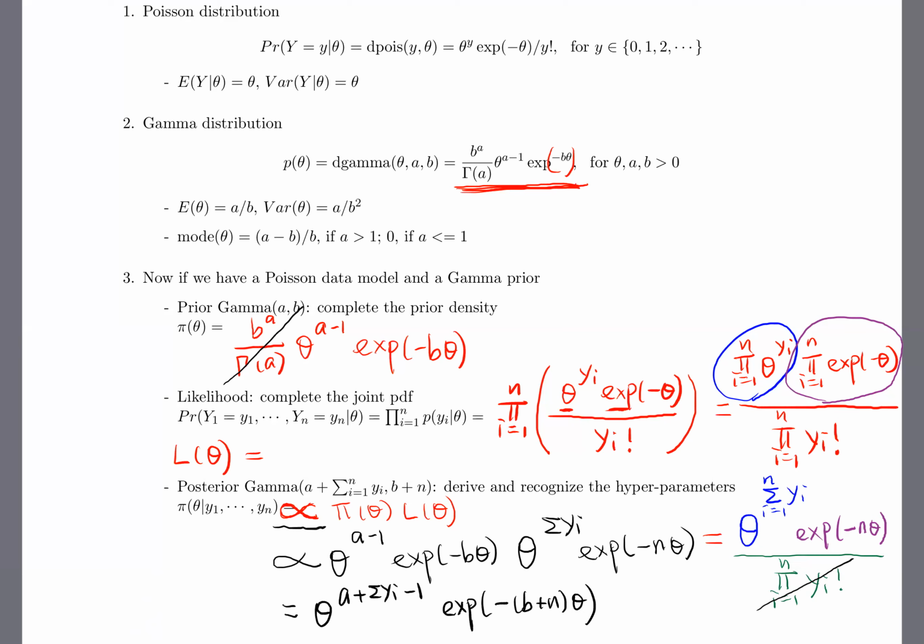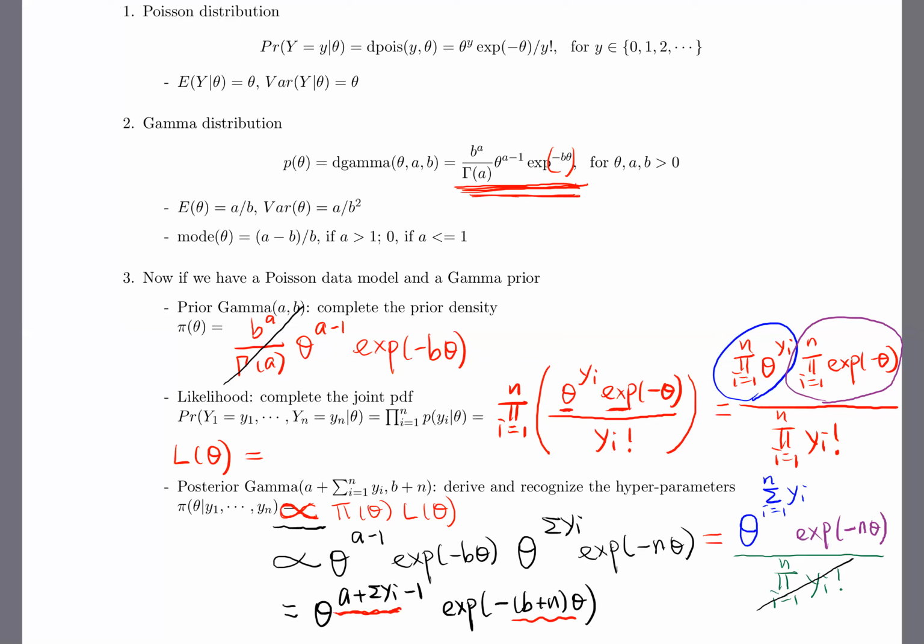Okay, so we're almost there. This will be whatever terms are related to theta. And then we already talked about this as a gamma conjugate. So recognize this to be the first parameter of the gamma distribution, and this is the second. You can look at it based on the gamma density that we showed in part 2.